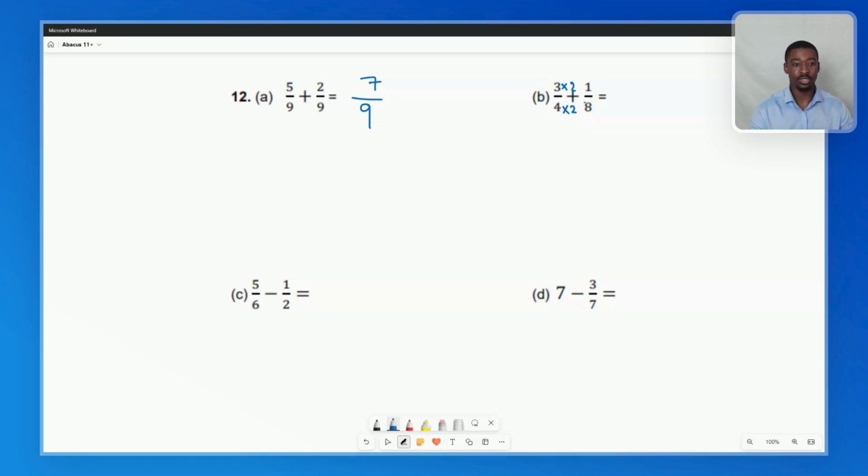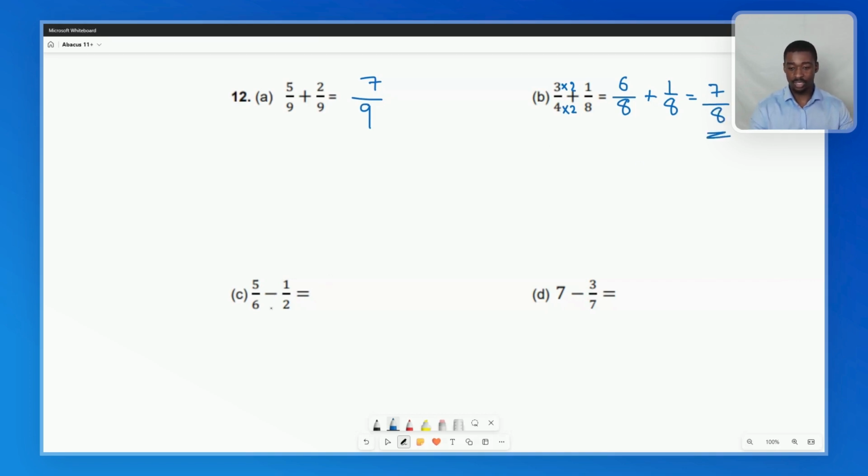When we do this, what happens? Well, we have 6 on top, numerator. Then what do we have on the bottom? 8, which is really useful because now we have 6 over 8 plus 1 over 8, common denominator. We can add across the numerators, 7 over 8.